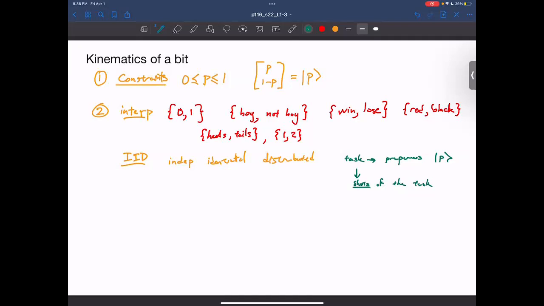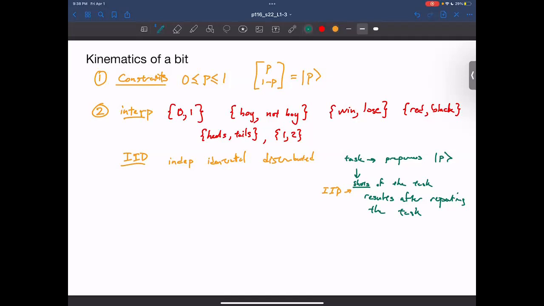This notion of shots is just repeating that task many times and recording the results. Okay, so when you do these tasks and you repeat them and you get all these shots, each one of the shots is IID, assuming there's no drift or something strange.